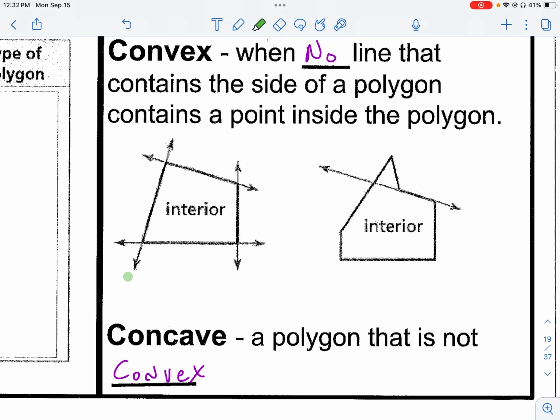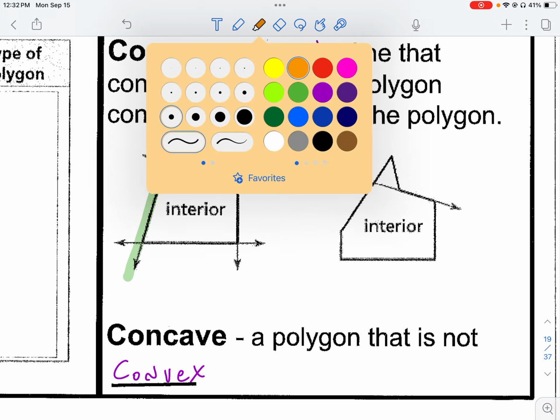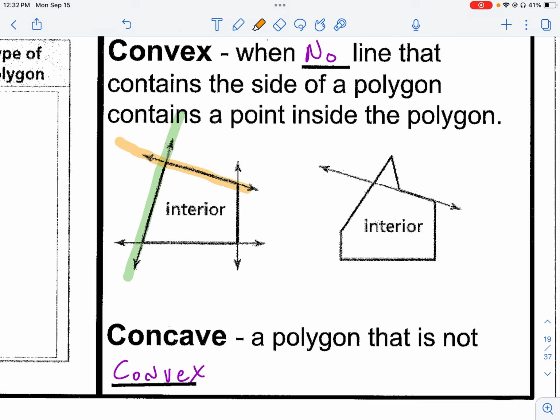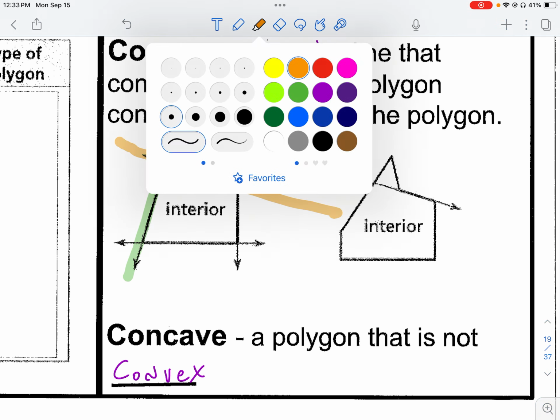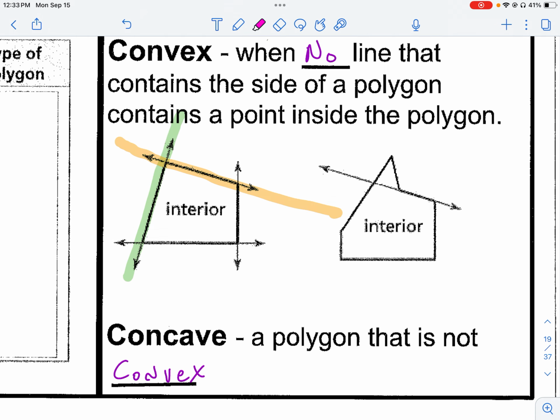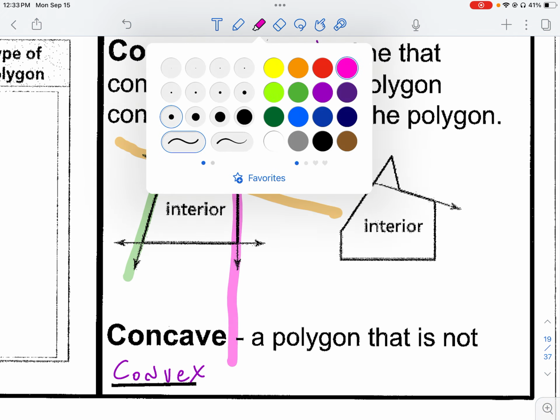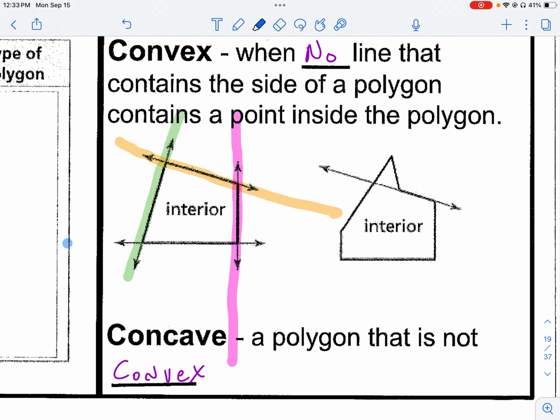So let's look. If I take my first one and I extend the sides of my polygon, I can extend them out forever, as lines will do. And at no point do I go inside my polygon. Since I stay always outside, it is convex.